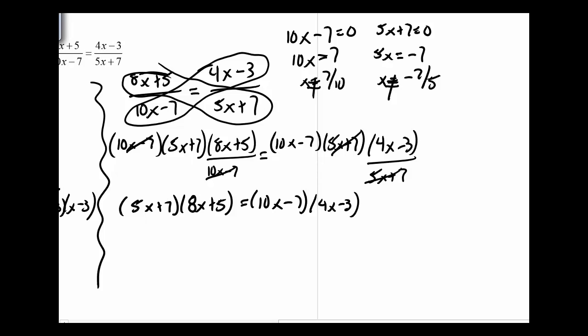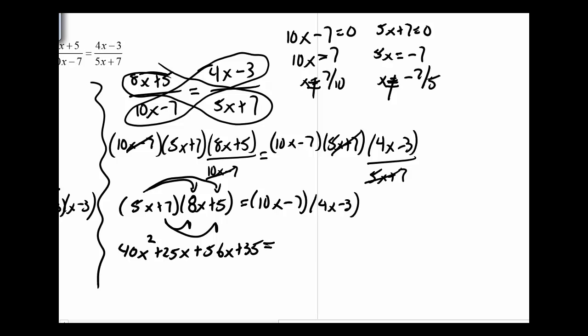Okay. So from here, I'm going to double distribute or FOIL. It's going to be 5x times 8x and 5x times 5, and then the 7 times the 8x and the 7 times 5. So let's do that piece first. 5x times 8x is 40x squared, plus 25x, plus 56x, plus 35.